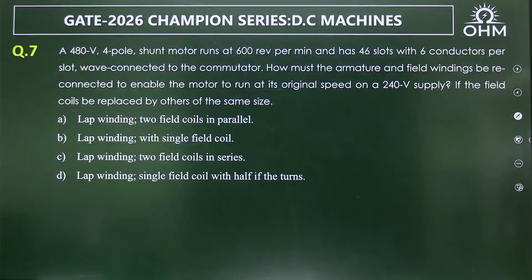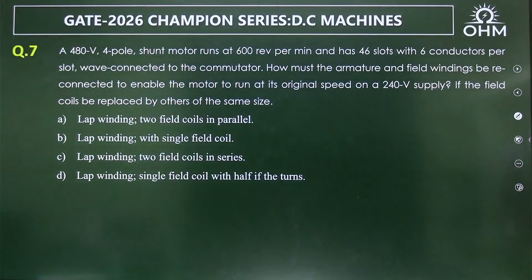How must the armature and field windings be reconnected to enable the motor to run at its original speed on a 240 volt supply, if the field coils are replaced by others of the same size? Our existing field coils are replaced by other field coils, so that the armature should rotate at the same speed even if it is excited from 240 volt. That is the question.